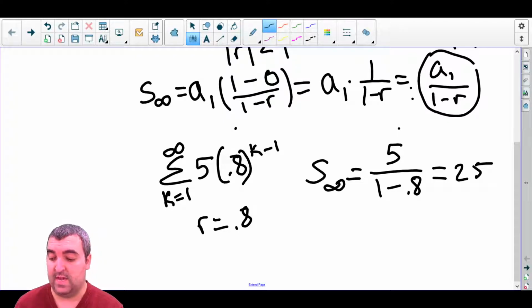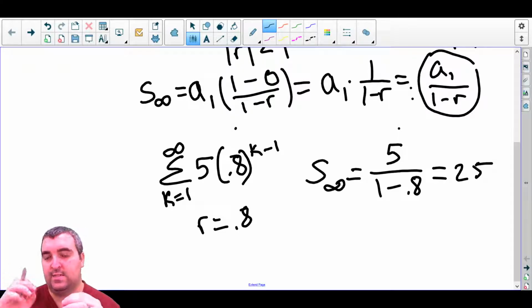So in this case, as your sequence goes on, your numbers are actually going to get smaller and smaller. So when you add them all together, eventually you're going to be adding stuff that's so minuscule that it's not going to make much of a difference.